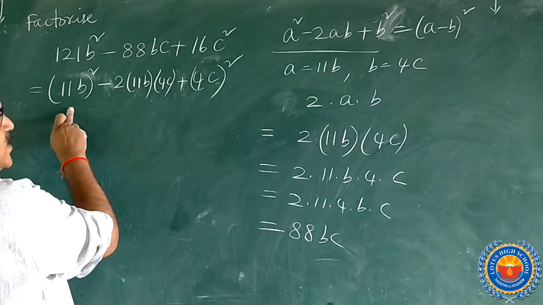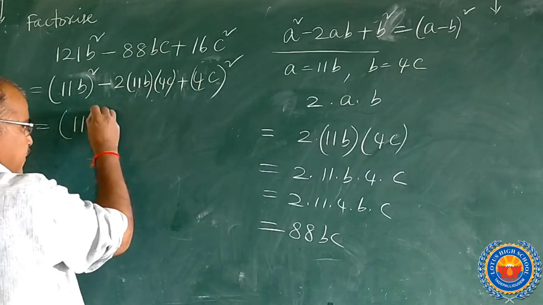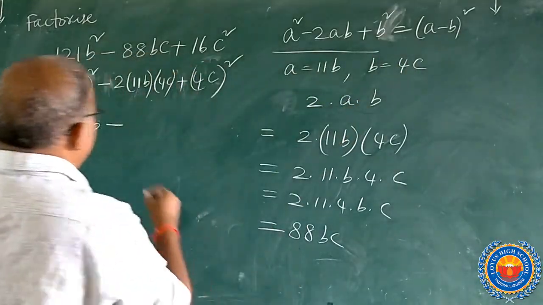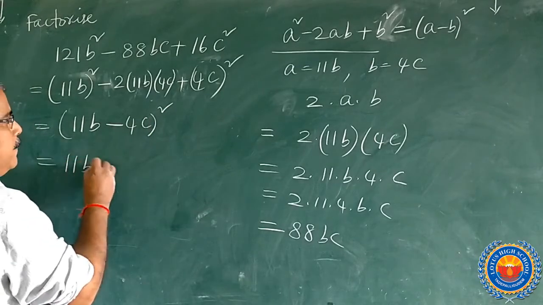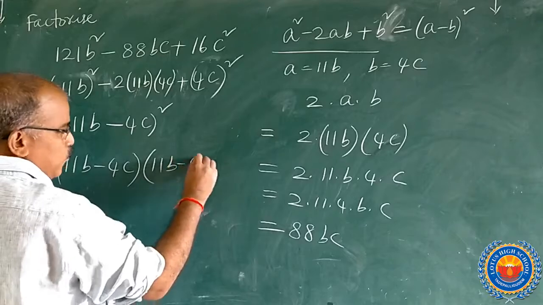So it looks like a square minus 2ab plus b square, which is a minus b whole square, with a as 11b and b as 4c. This is nothing but (11b minus 4c) into (11b minus 4c).